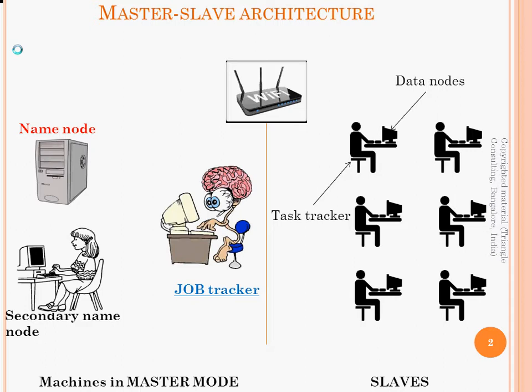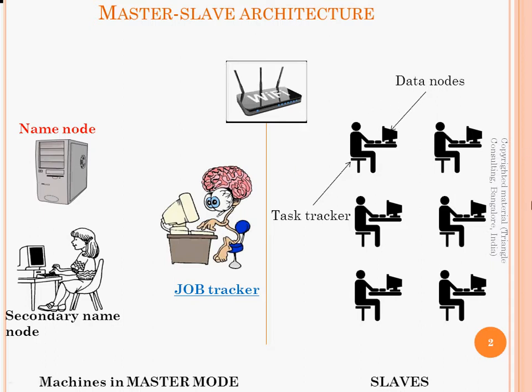All of these computers are actually connected. The data nodes, the name node, secondary name node, and the job tracker are all internetworked. The Wi-Fi router on top here implies that all these computers are connected in a cluster. The computers on the left hand side, the name node, secondary name node, and job tracker, run in master mode.